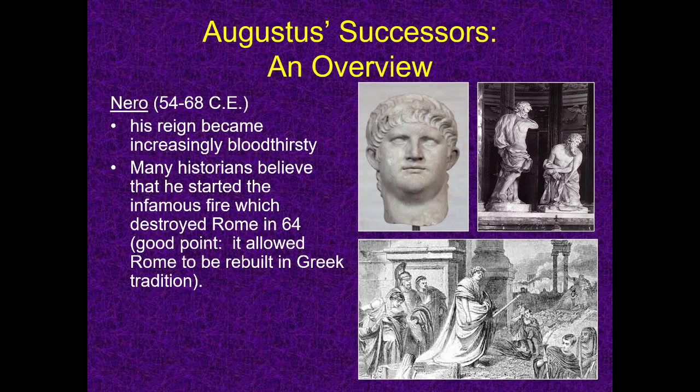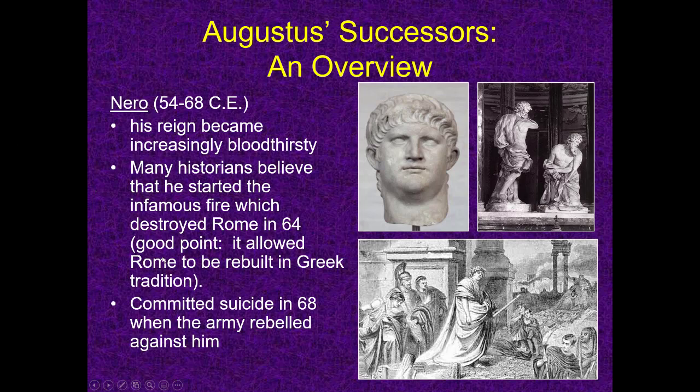So honestly, it was a more beautiful city as a result of the burning, but of course, it was a horrible disaster. A lot of people died in it, right? And Nero basically had set up a period of time during his reign where the chaos allowed that to even happen. Anyway, he's going to commit suicide when the army actually rises up against him because of how bad of a ruler he was.